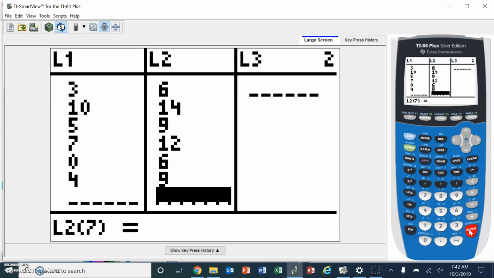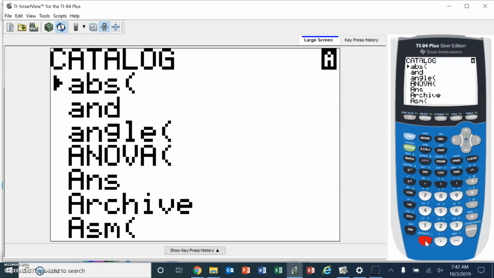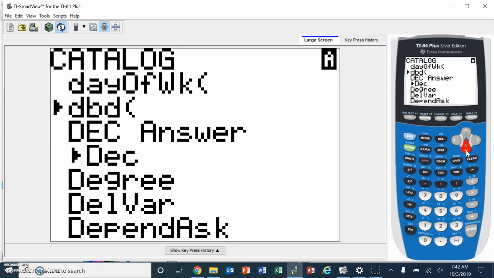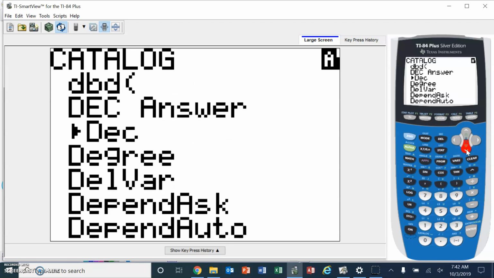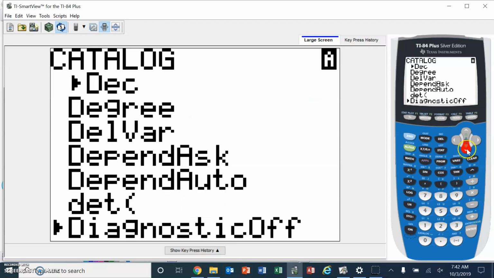Now, one thing I'm going to check is to make sure that the correlation is turned on. So I'm going to go to the catalog, and again, this is in the other video, I'm going to go to what is called diagnostic on, just to make sure that everything is turned on for this.